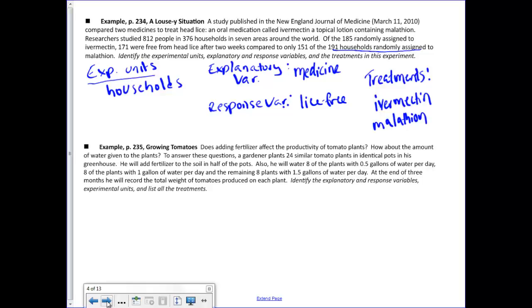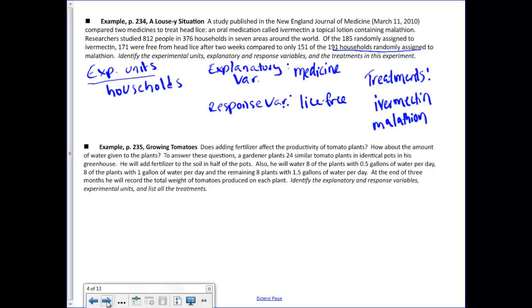How about this next example? Next page of your packet. Growing tomatoes. Does adding fertilizer affect the productivity of tomato plants? How about the amount of water given to the plants? To answer these questions, a gardener plants 24 similar tomato plants in identical pots in his greenhouse.